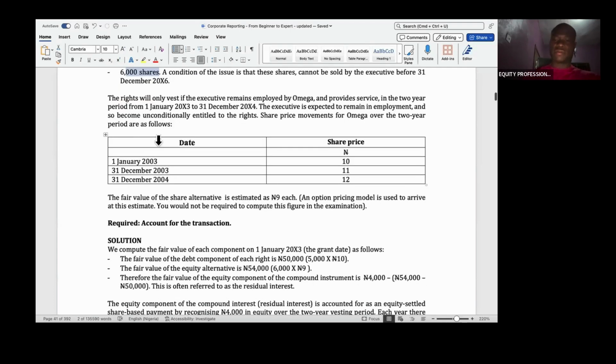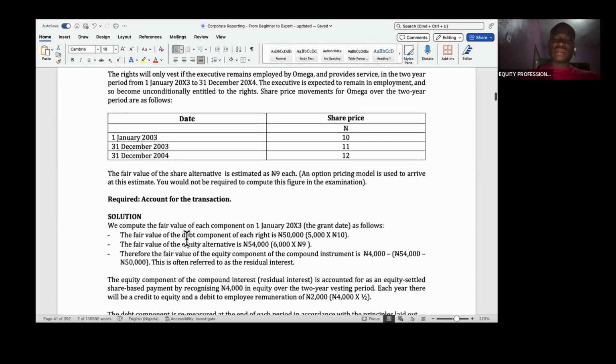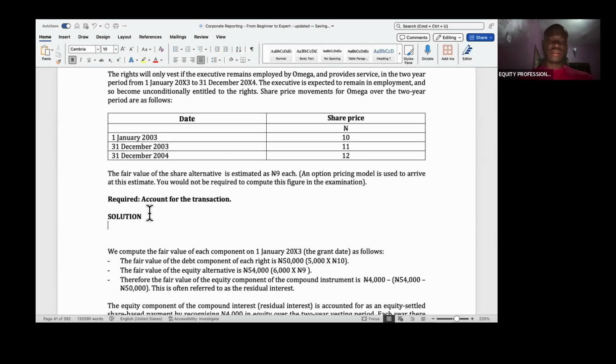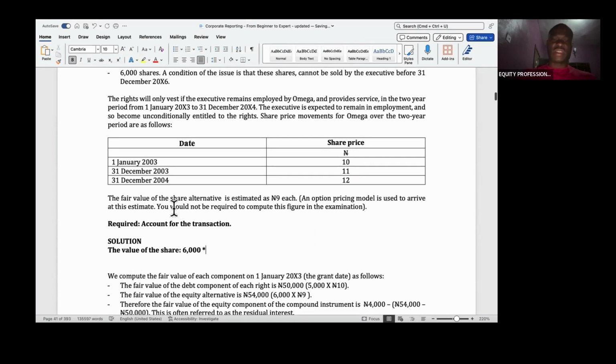So let's do that. The value of what we are granting is 6,000 shares, and they told us that the fair value of this share alternative is ₦9. So multiply by ₦9, and that gives me 54,000.